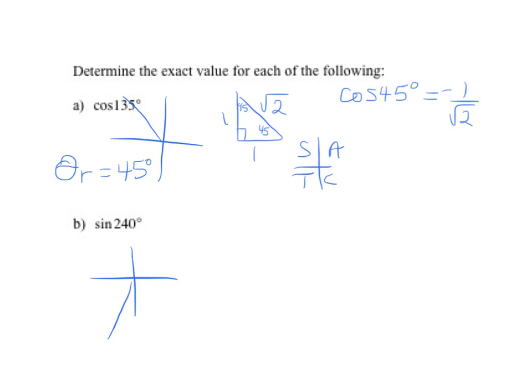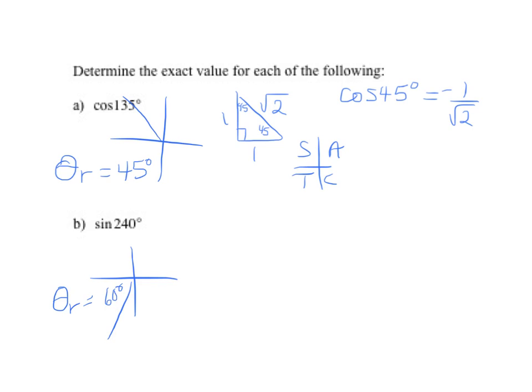It's 60, right? Reference angle is 60. You can either do 270, well, you probably want to do 240 minus 180. So subtract that part to get what's in there.